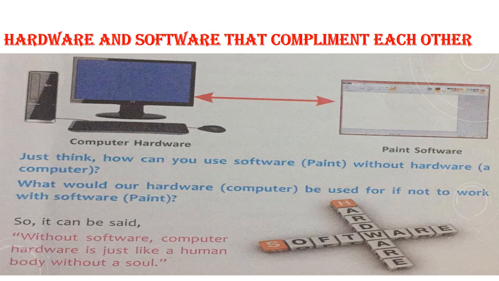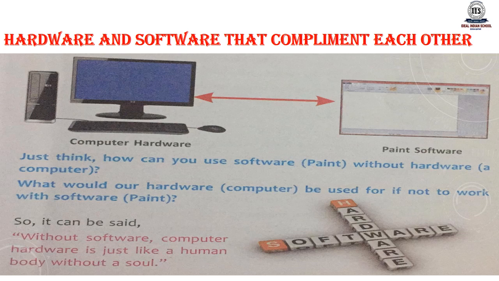Alright, so if software is not there, your monitor will not display anything. Or if the printer is not there, you will not get any print. Or speakers would remain silent, your keyboard will not type, or mouse will not select anything without software.